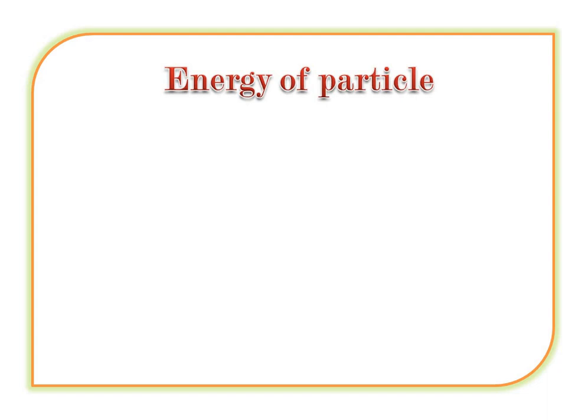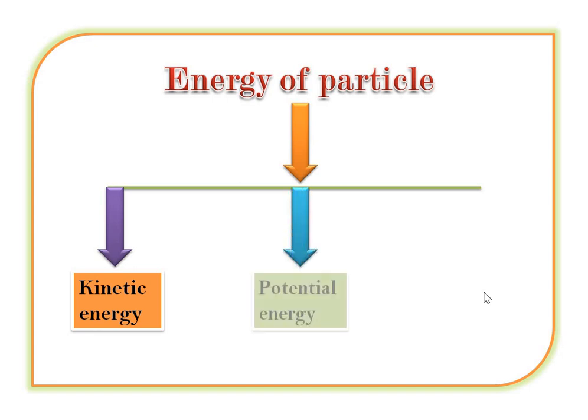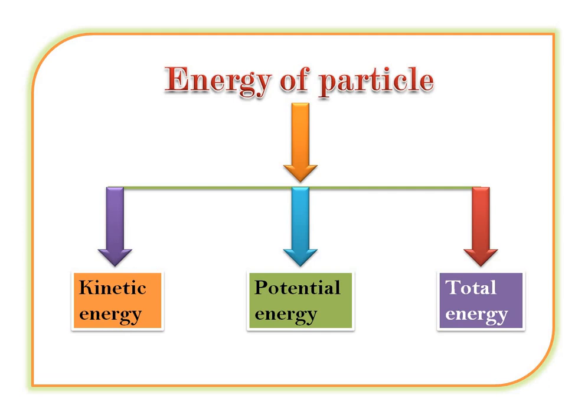This energy of a particle performing SHM consists of three parts. First, we have to see the kinetic energy of the particle. Second, we discuss the potential energy of the particle. And third, the sum of kinetic energy and potential energy, that is the total energy of the particle.